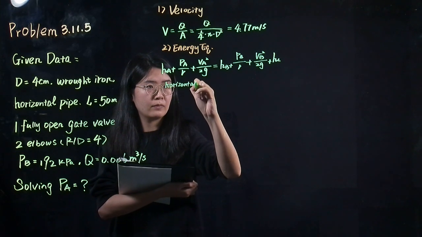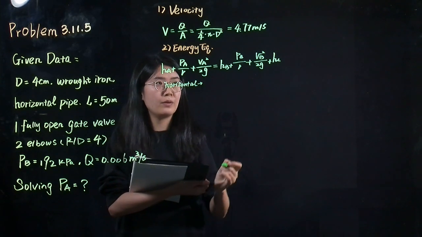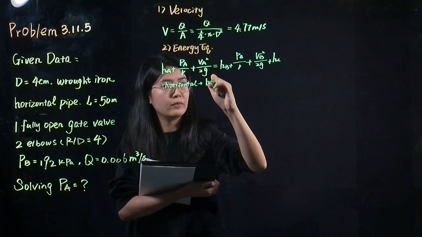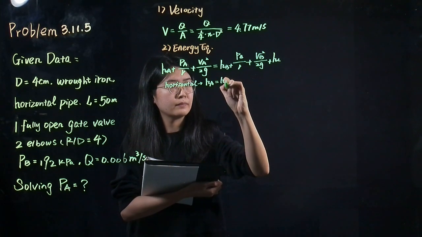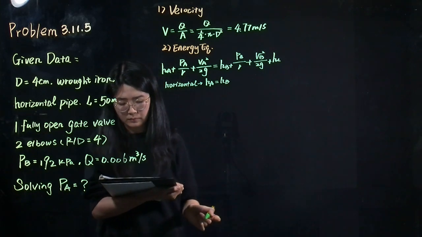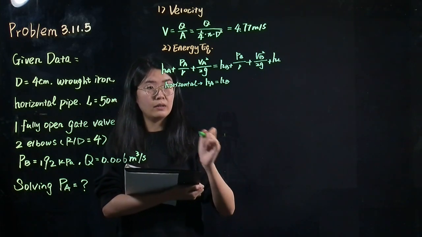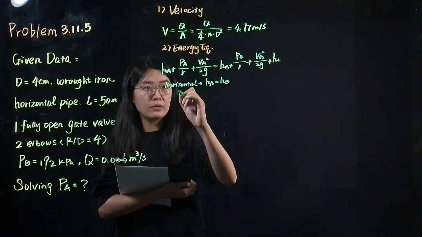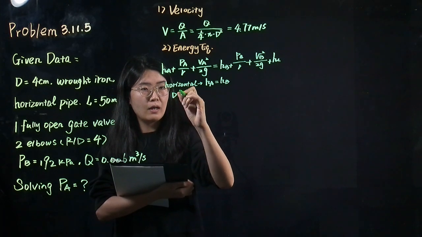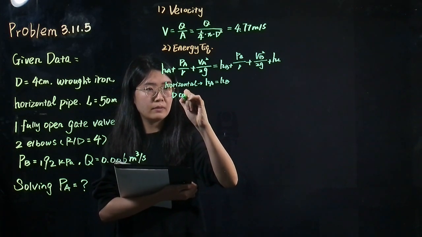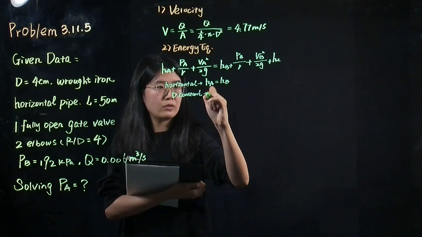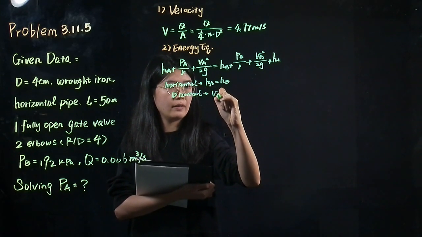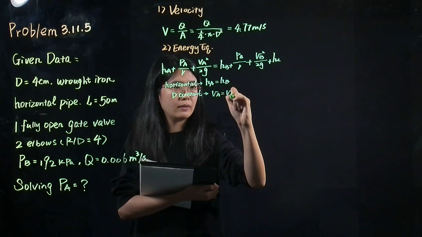so HA is equal to HB. And because the flow rate and also the diameter are constant, so VA is equal to VB.